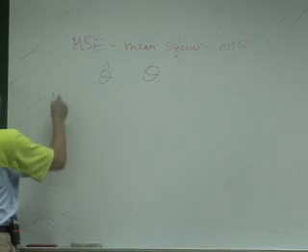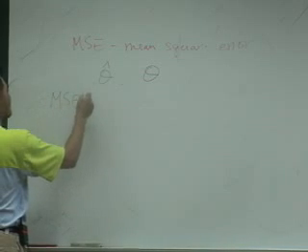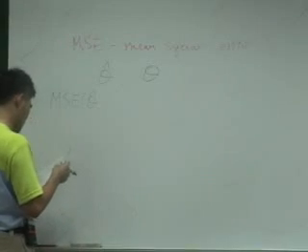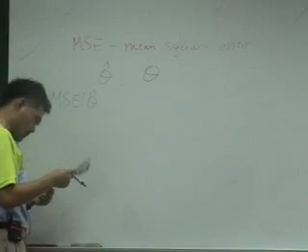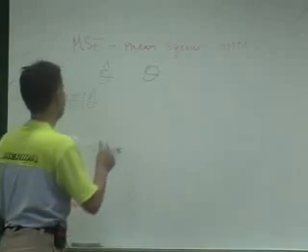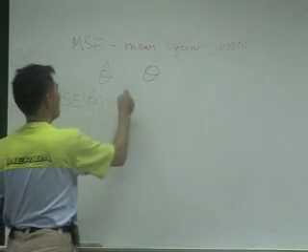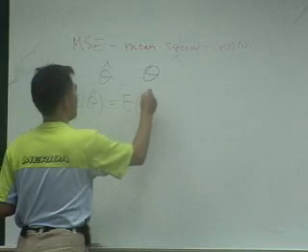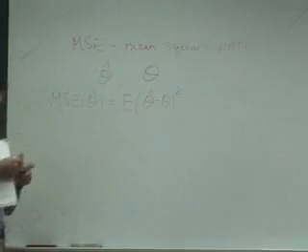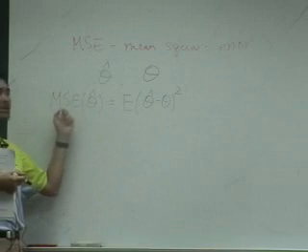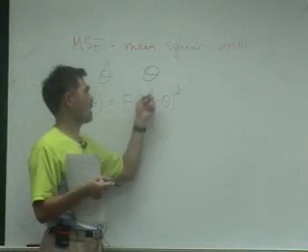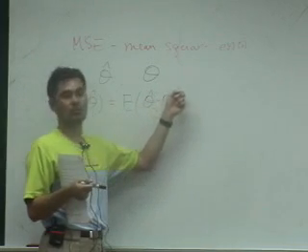MSE of theta hat is equal to expectation of (theta hat minus theta) squared. So MSE of theta hat is equal to expectation of (theta hat minus theta) squared.